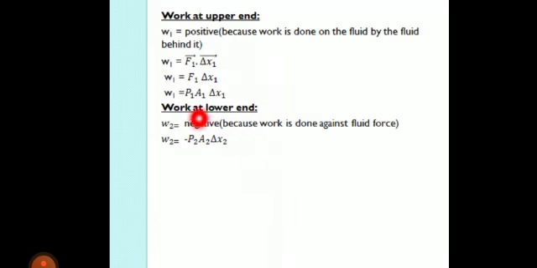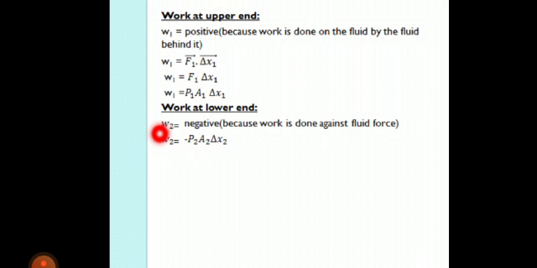Now we calculate the work at the upper end. At the upper end, the pressure and the direction of fluid flow are the same, so the work is positive. We know that the equation of work equals force dot displacement. When dotted, it becomes F·x·cosθ, and F equals P times A. We are calculating the work first at point 1, so we put F1 and Δx1, and F equals P1A1 times Δx1.